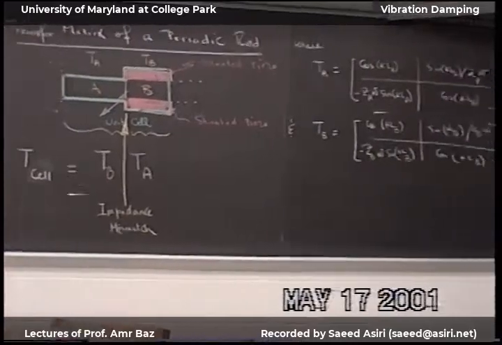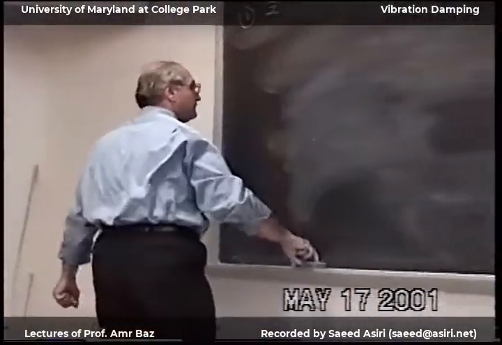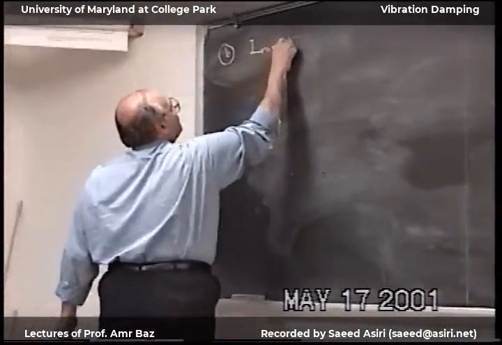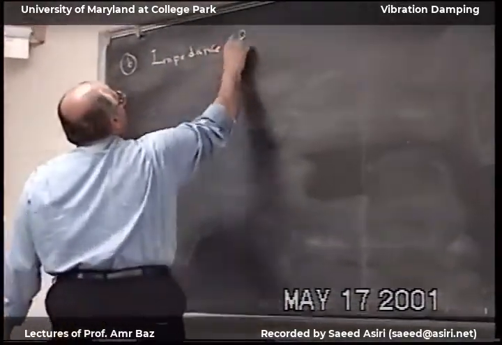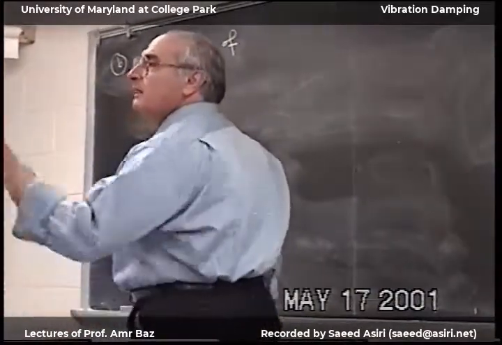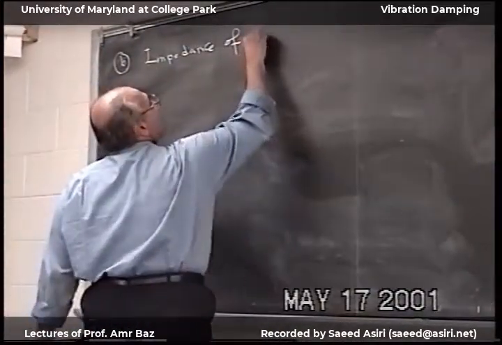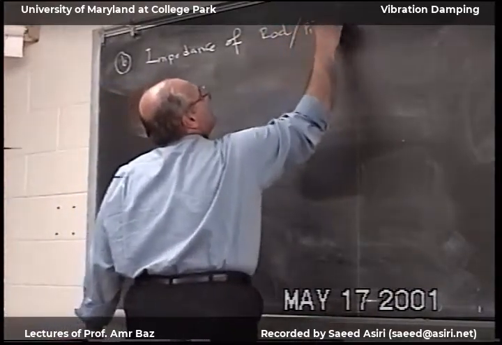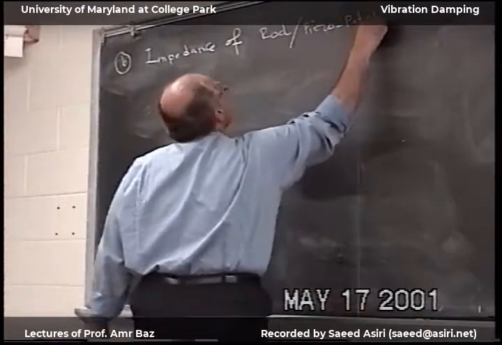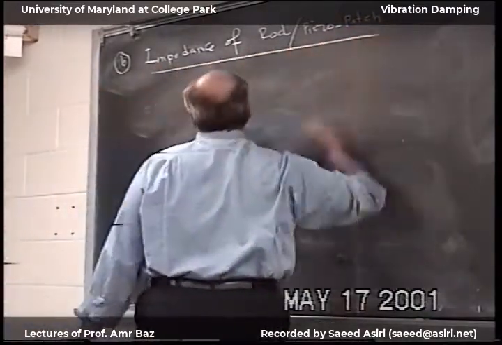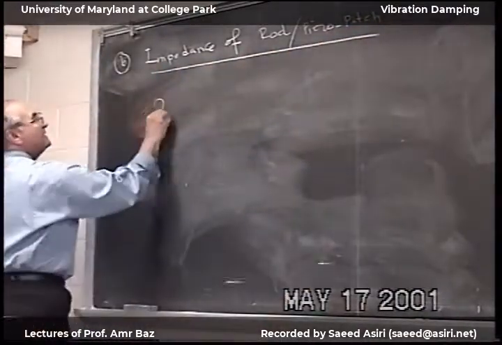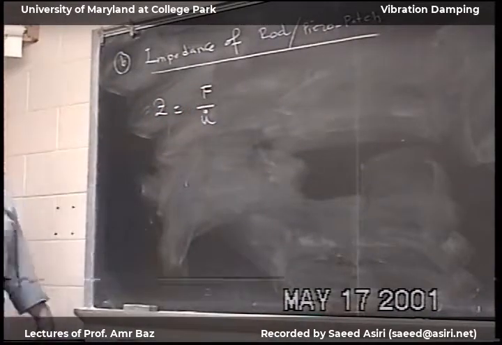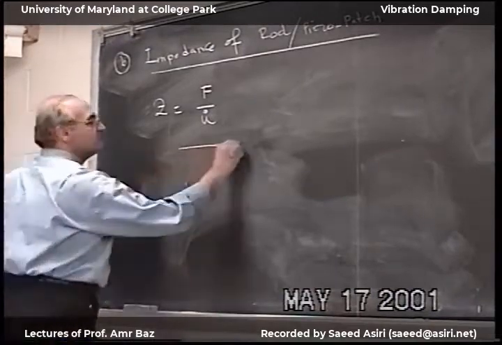So now here, D, impedance of the composite rod and piezo patch. Again, impedance is equal to force divided by velocity.